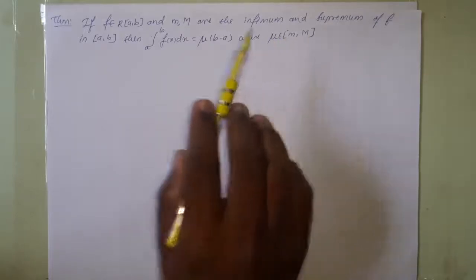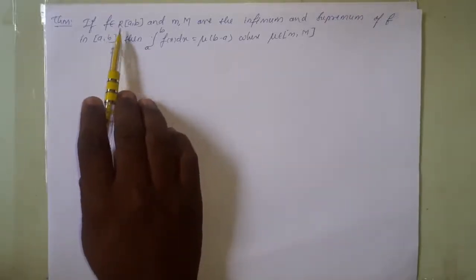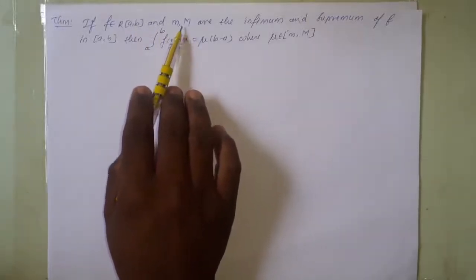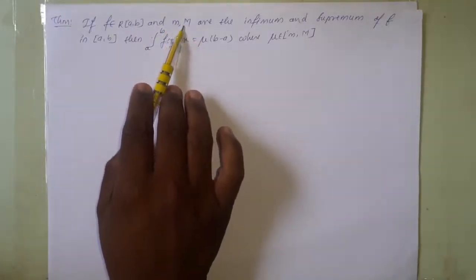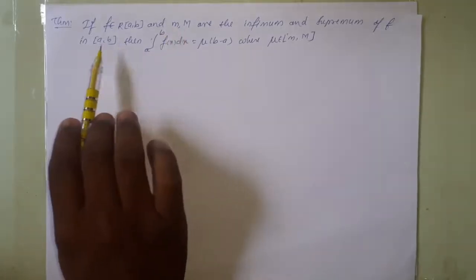So here f is a Riemann integrable function in the interval [a, b], small m is the infimum and capital M is the supremum of the function f in the interval [a, b].